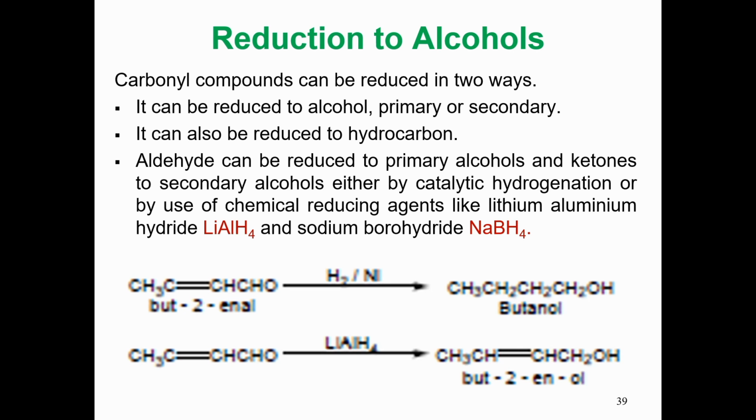Now, if the reactant is unsaturated carbonyl compound and the product formed is saturated alcohol, then the reagent employed will be the reagent used in hydrogenation. In that case, hydrogen in nickel or hydrogen in palladium or hydrogen in platinum will be used. But if the product formed is unsaturated alcohol, we go for mild reducing agents such as lithium aluminum hydride or sodium borohydride, because these mild reducing agents are going to protect the double bond.